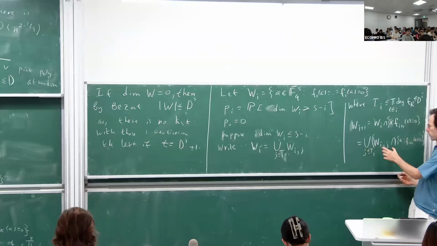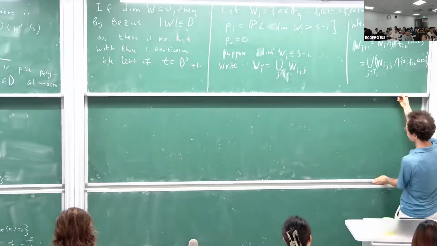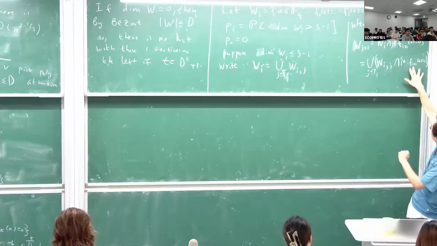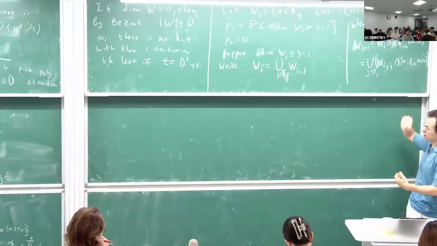So now I have a bunch of pieces: my variety is broken into a bunch of very simple pieces, and I'm intersecting each of these pieces with this new hypersurface. I'm asking, what's the dimension of this?